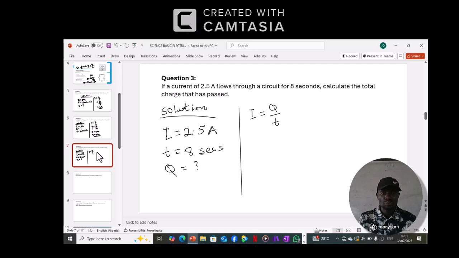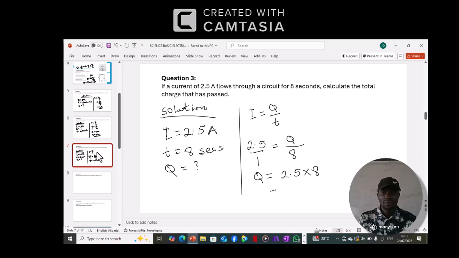I is 2.5. Q is not given, T is given as 8. So when you cross multiply, Q equals 2.5 times 8.